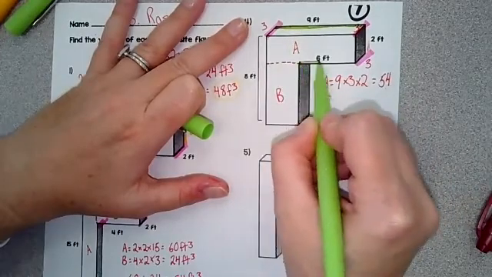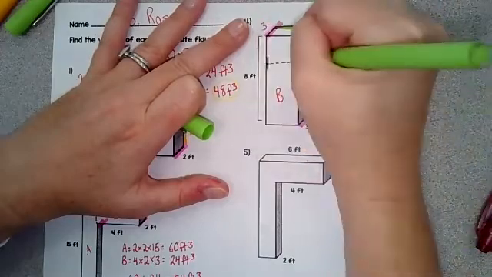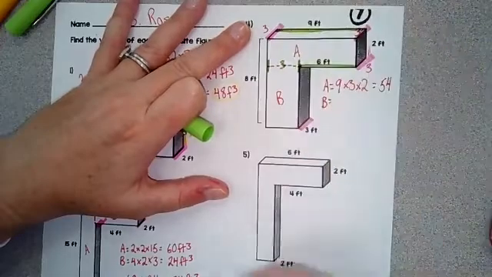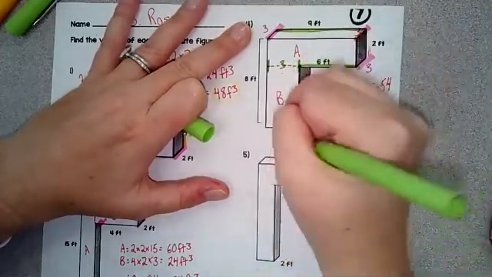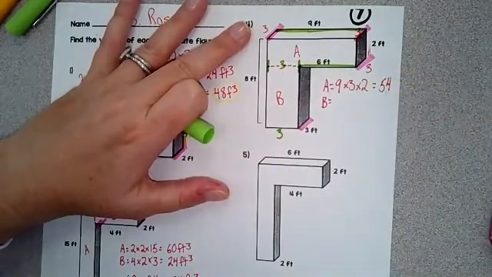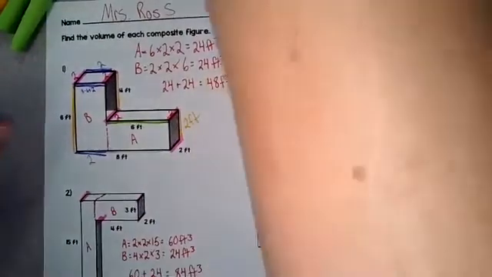From here to here is 6. So that means from here to here is 9 minus 6. This is 3. If this is 3, this is 3 because the opposite sides are equal. Understand?